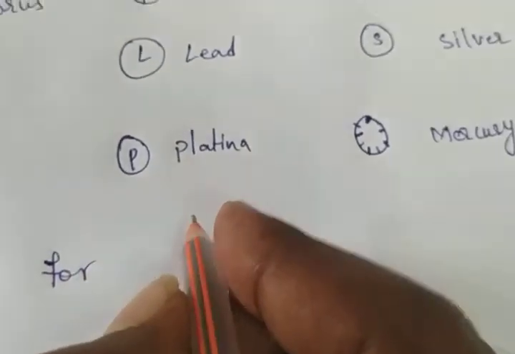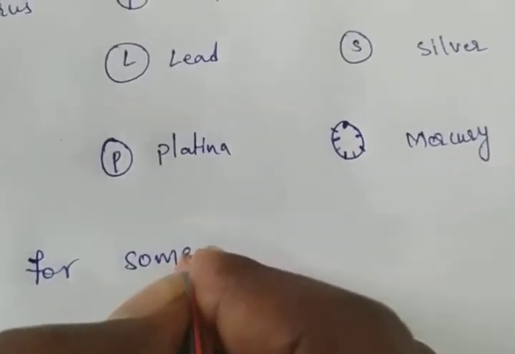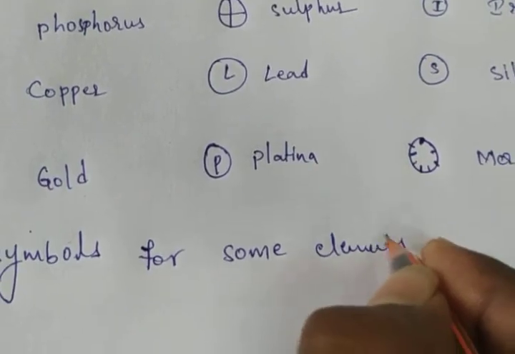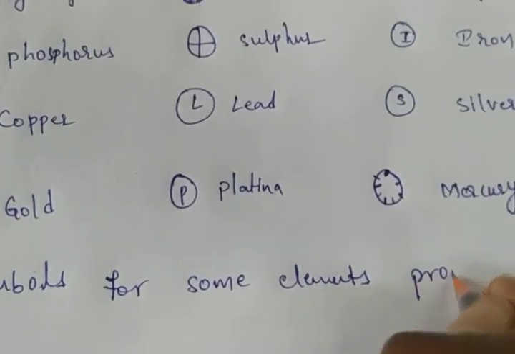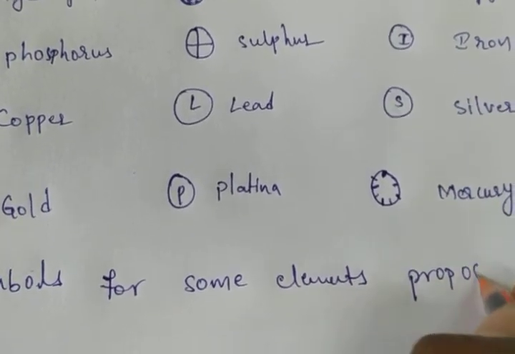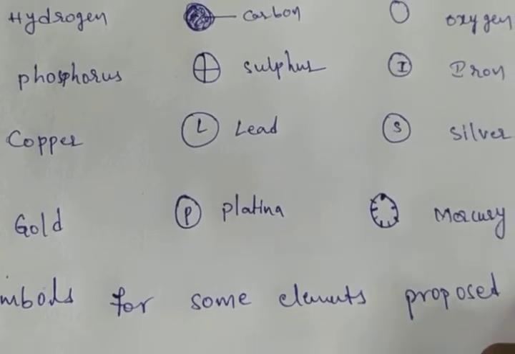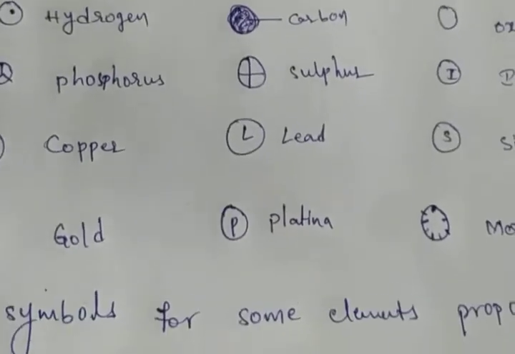Symbols for some elements. Who proposed these symbols? Proposed by Dalton.